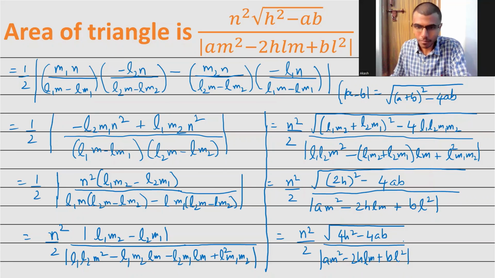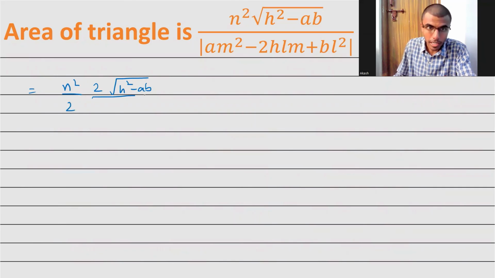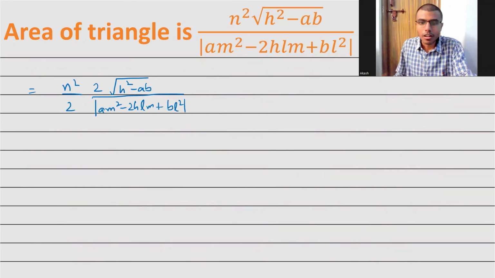Now if I take 4 common and bring it outside the root, it would be nothing but 2. So ultimately this is equal to n square by 2 into 2 under root of h square minus ab, divided by mod am square minus 2h lm plus bl square. So 2 will get cancelled.